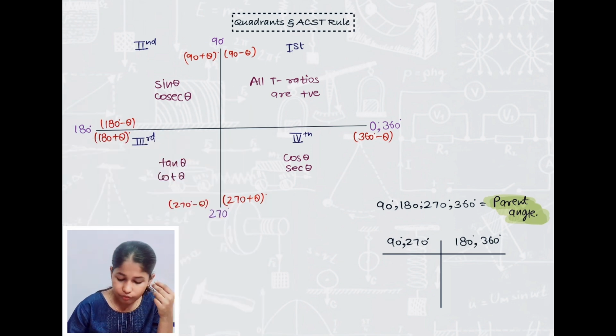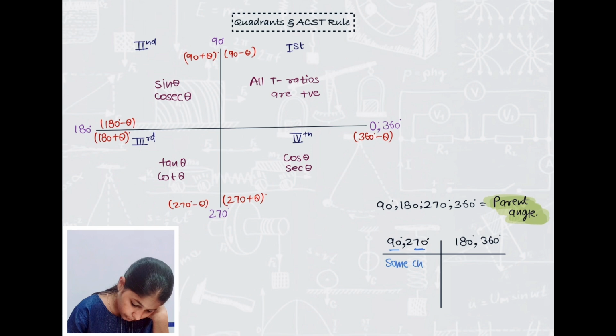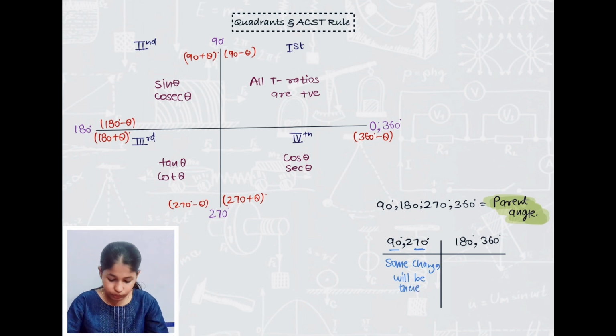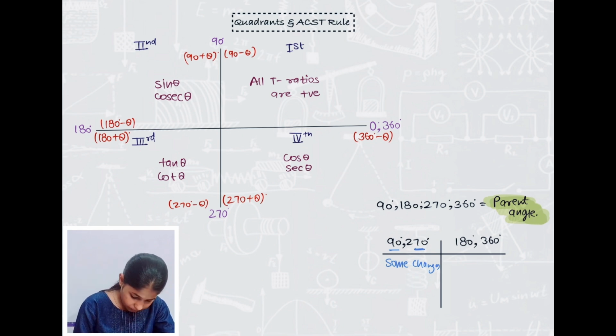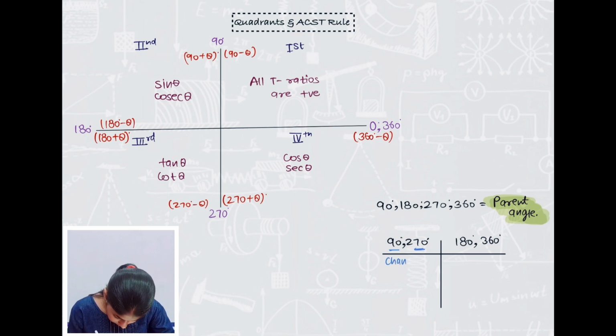In case of 90 degree and 270 degree, some changes will be there. What will be those changes? Let me write here. Changes will come. Okay? Now, what are those changes?